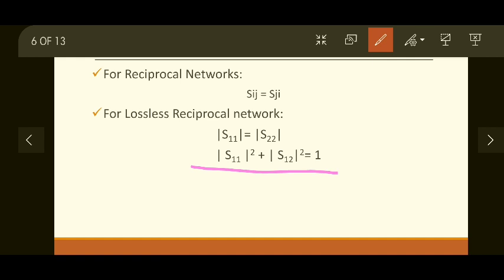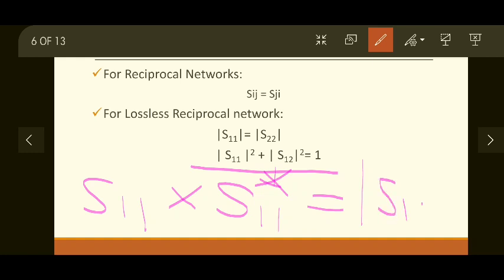So mod of S11 squared is nothing but S11 multiplied by S11 conjugate. So the sum over a row of a scattering matrix is equal to 1. That is what the second statement in this summary says.